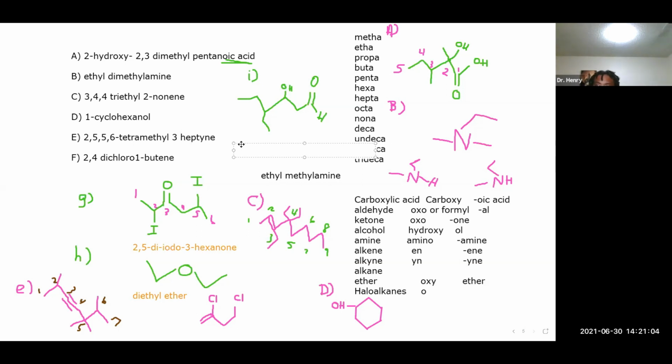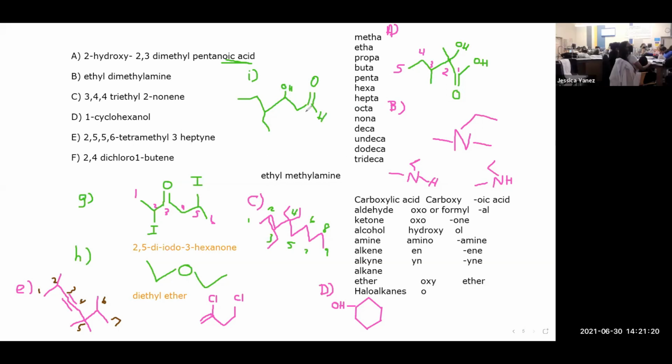What is the longest carbon chain? The longest chain is 6. So you're saying 1, 2, 3, 4, 5, 6. Okay. So we have a 6-carbon chain. That would be what? Hexanone.